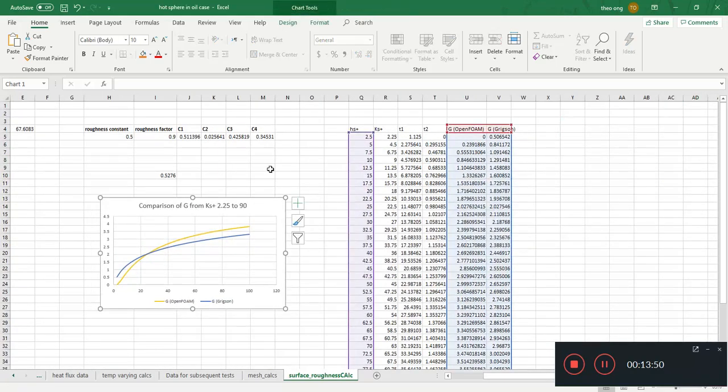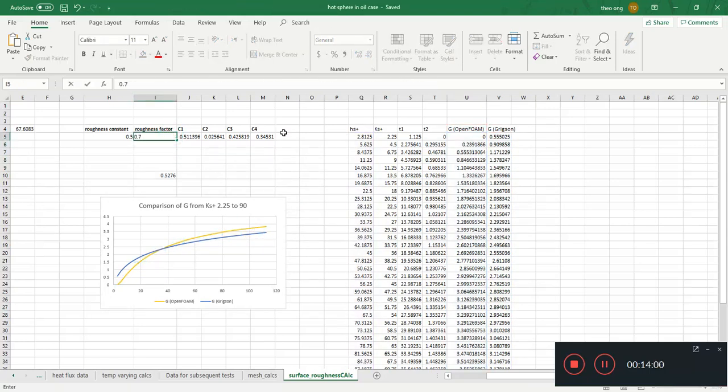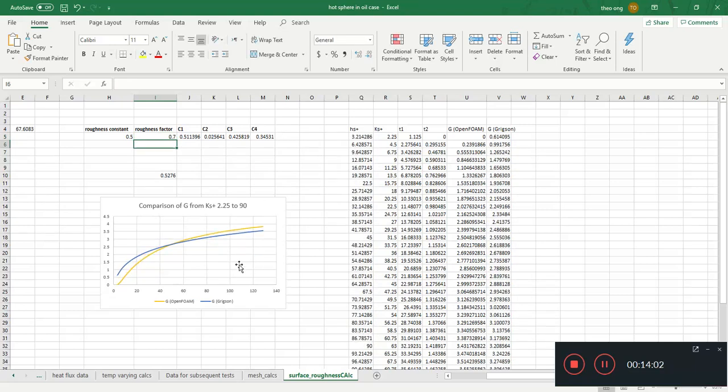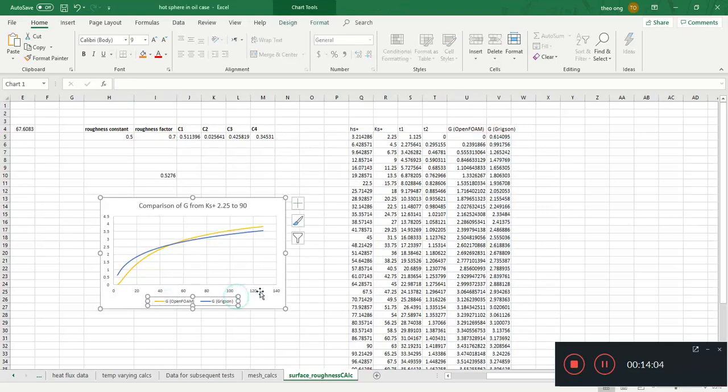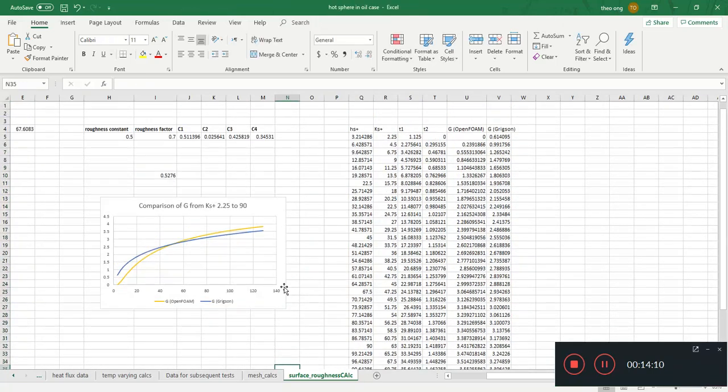So we can play around with the roughness factor. You see the curves start to match more closely as I decrease it to 0.7. Closer and closer matching, though of course note that the axis changes because the range of Hs plus changes. So we can go down even more.